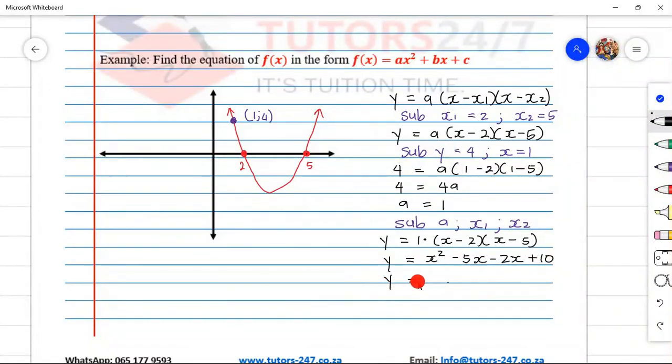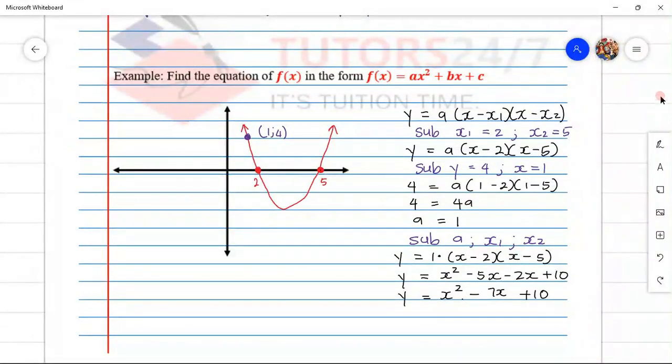Now, from here we see that we have two like terms. So we can add up our like terms. That's going to give us negative 7x plus 10. So our equation of f using our x-intercept form now becomes y equals x squared minus 7x plus 10.